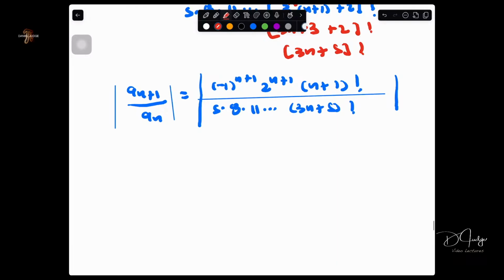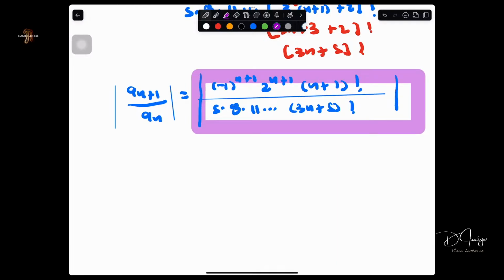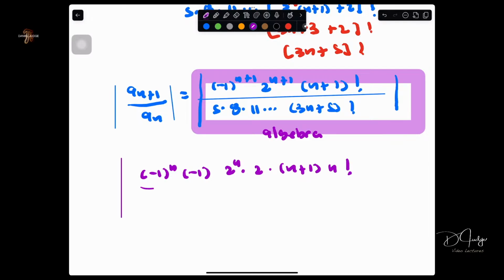So, once again, using some algebra here, absolute value of negative 1 to the n, negative 1, 2 to the n times 2, n plus 1 times n factorial, using all the tools we've been using here all along. 5 times 8 times 11 up to now we got 3n plus 5.